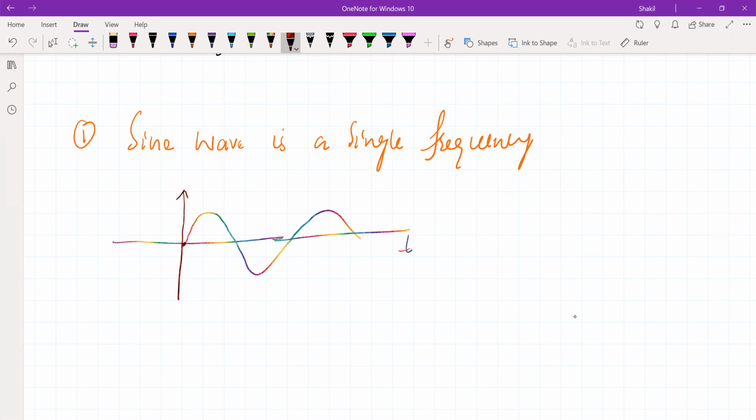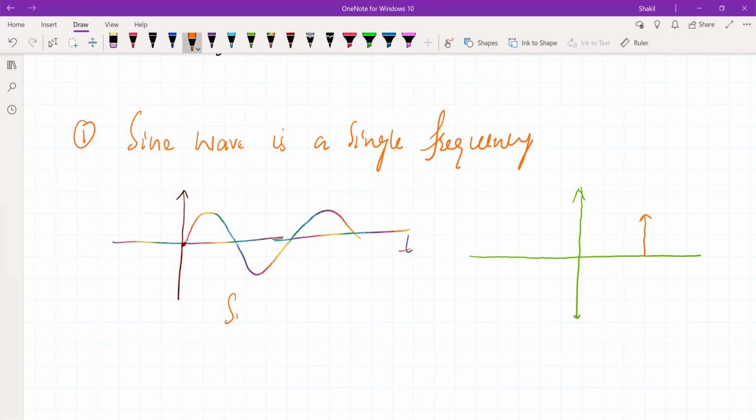Now in the frequency domain, if we see the Fourier analysis or the frequency plot, the Fourier transform of this looks something like this. This is the Fourier transform of the sine wave.